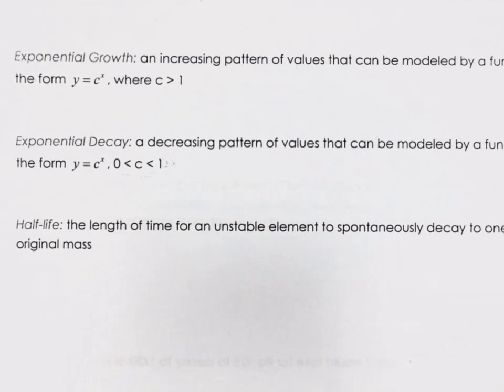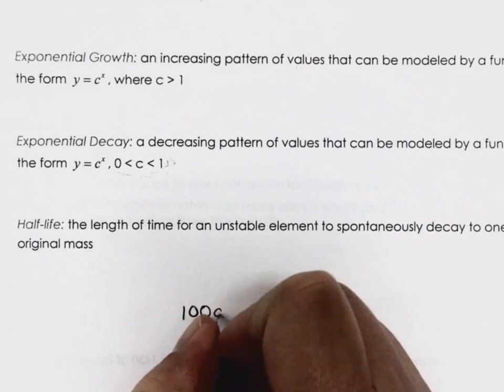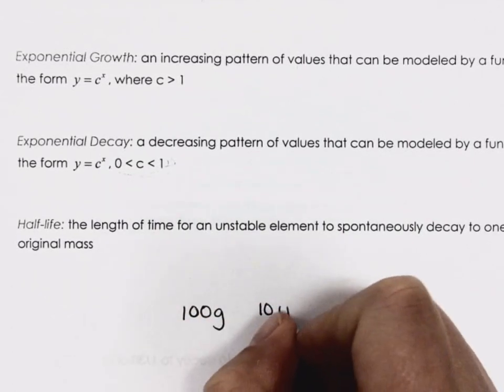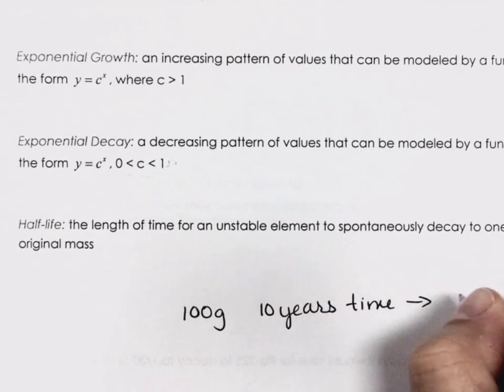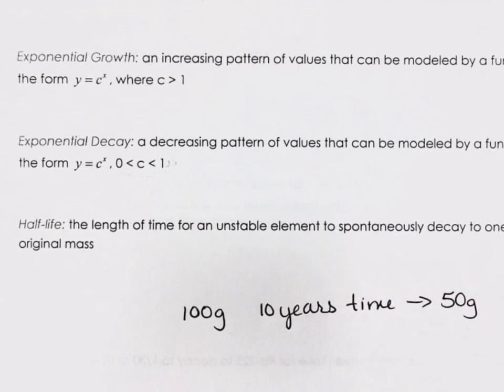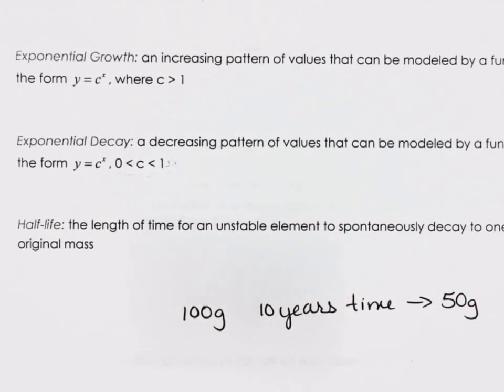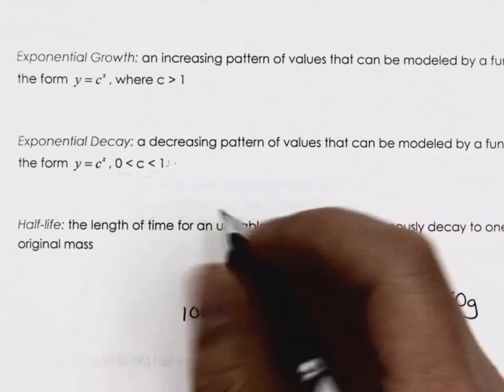So if I say the half-life of some element is 10 years, we know if we start with 100 grams, in 10 years' time we're going to have 50 grams. Usually it's never in years, it's like seconds, really quite quickly.